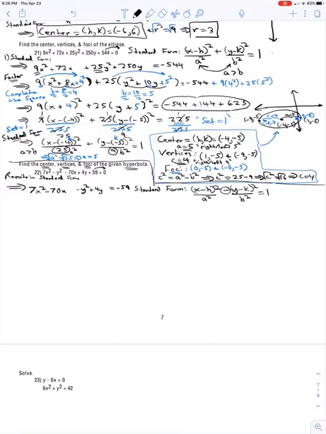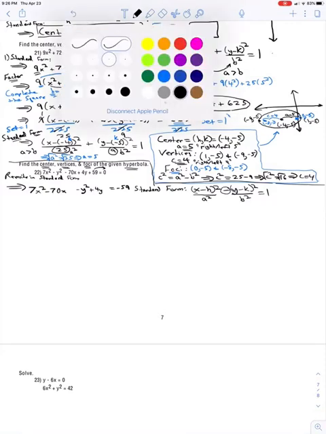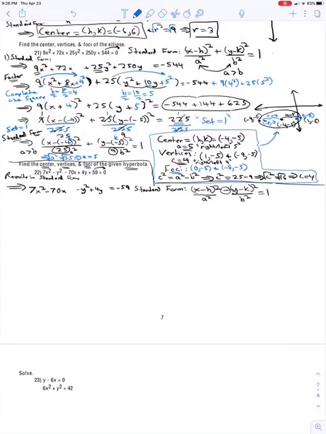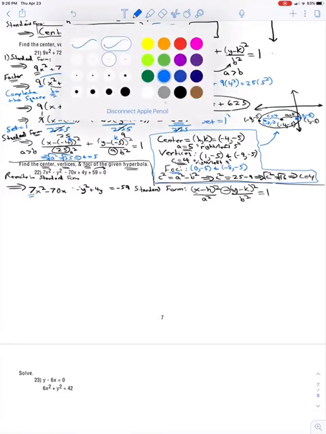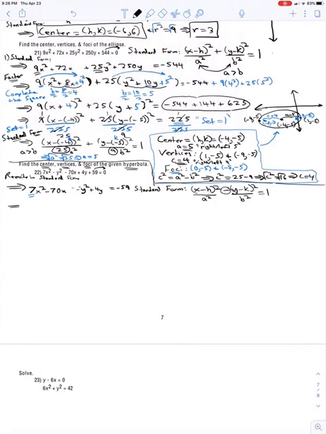Now let's identify, as we look at our problem, I'm going to look at factoring. That's going to be my next step. I need both of these coefficients to be 1, so let's factor those out so we can make these 1. As I factor out the 7, I bring that out, I get x squared minus 10x.